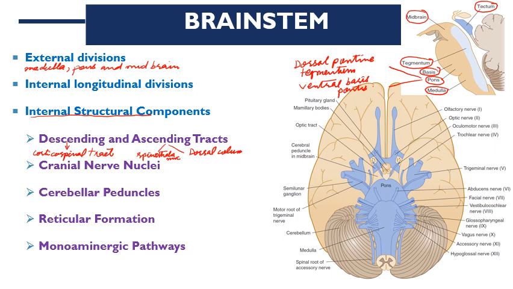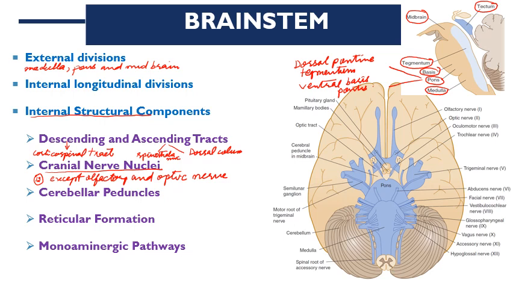The second important component of the brainstem is the cranial nerve nuclei. Almost all the cranial nerve nuclei, except the olfactory and optic nerves, are present in the brainstem.